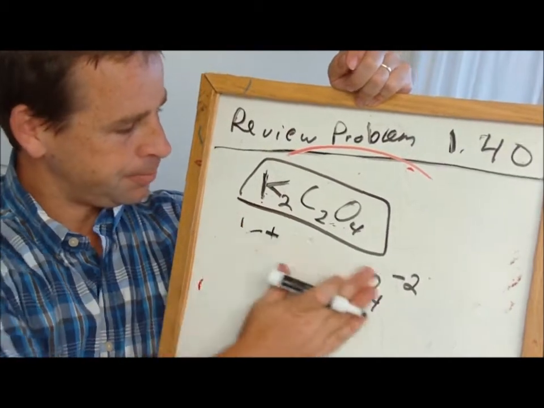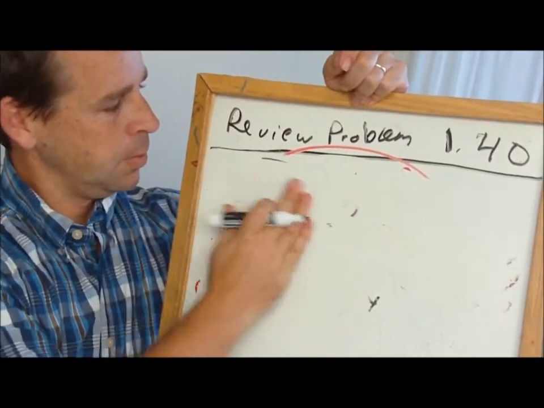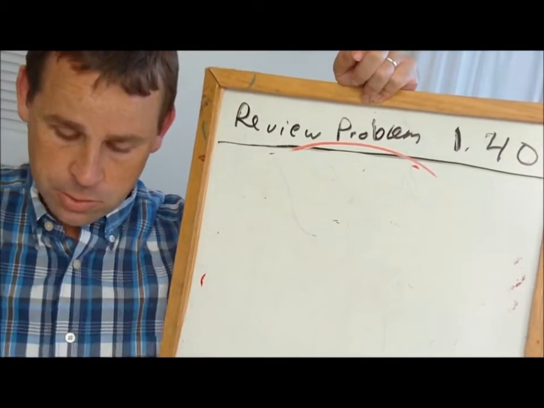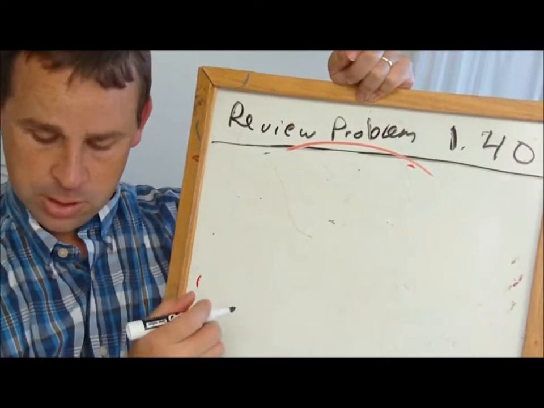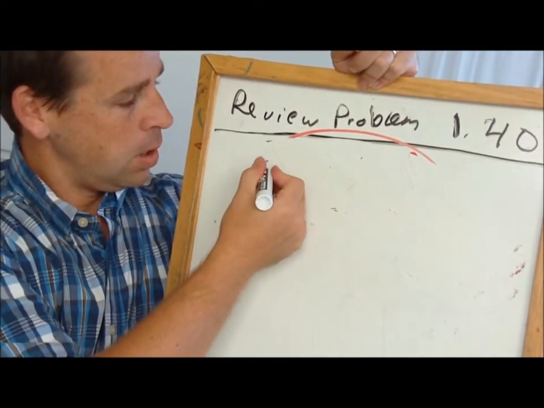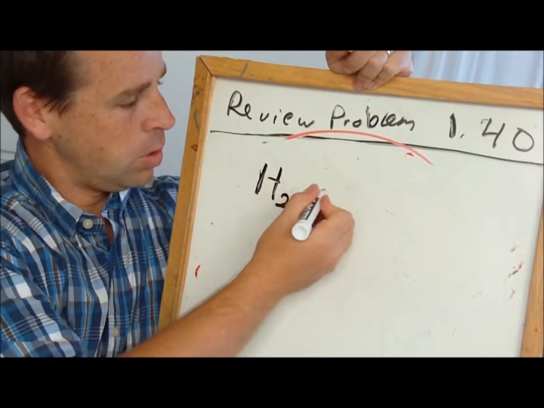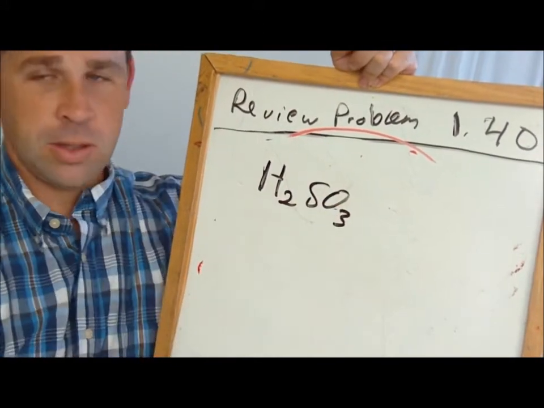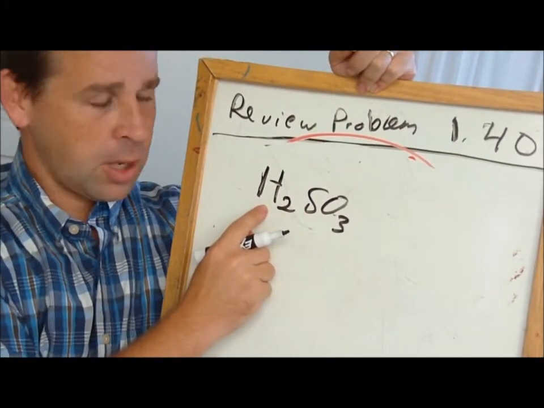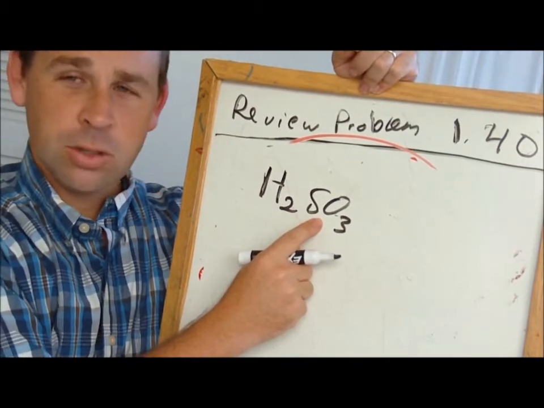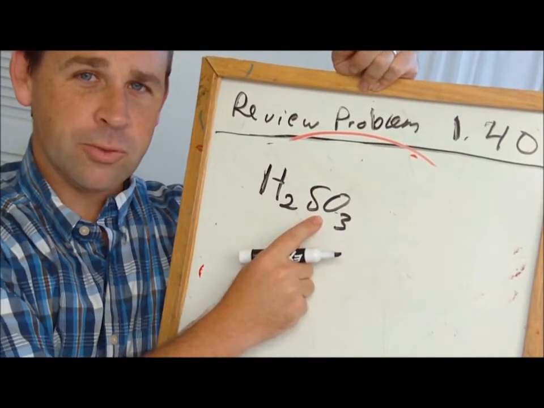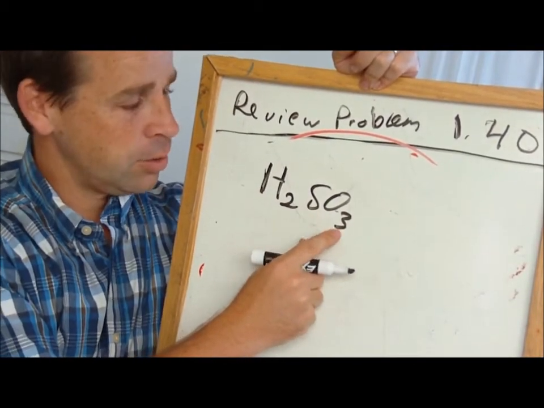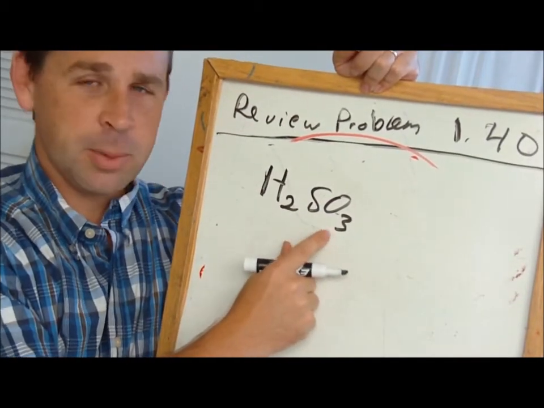In part B, H2SO3. This is the hydrogen, and this is the, not the sulfate, SO4 is the sulfate, this is the sulfite polyatomic ion.